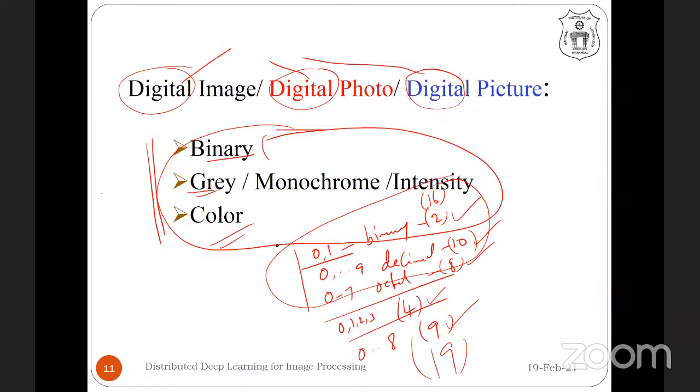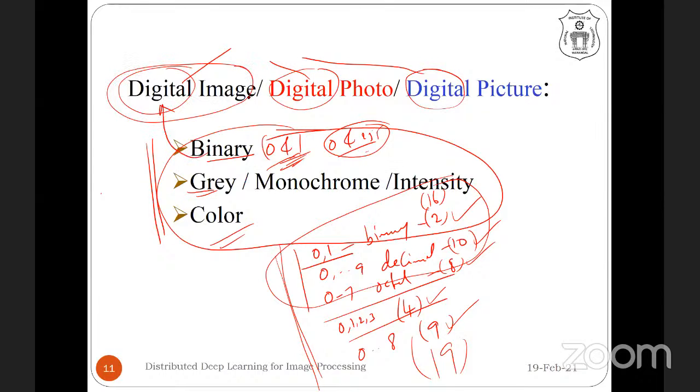Ultimately, whatever base you consider, we are using some numbers, and that's it. So when you use only two numbers, 0 and 1, or generally 0 and 255, to represent your whole image, we call it a binary digital image.